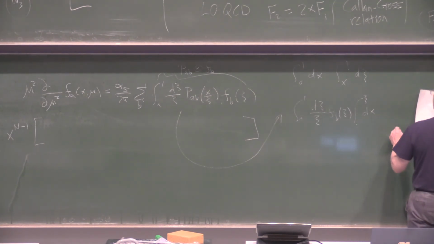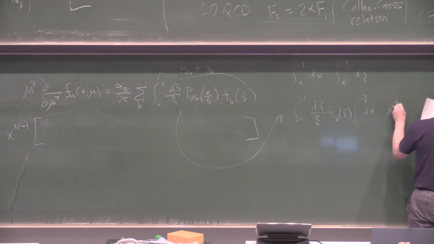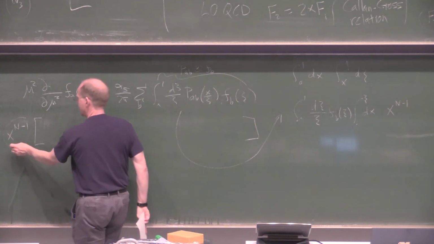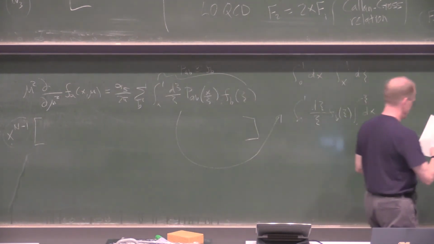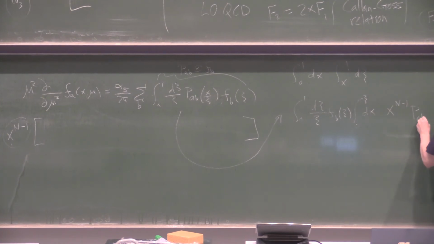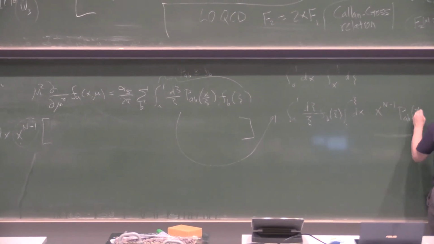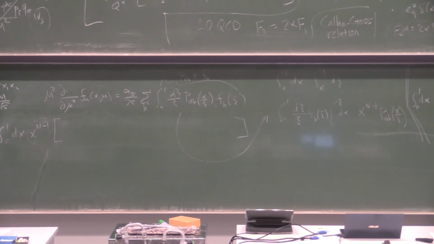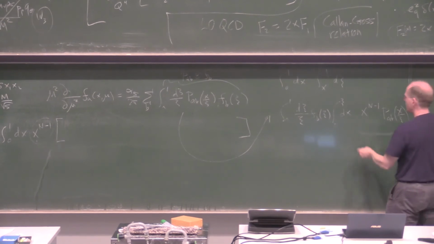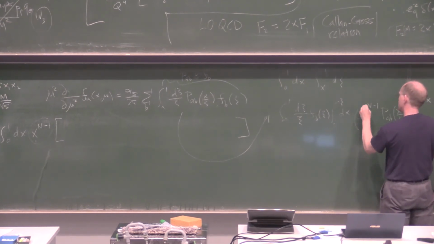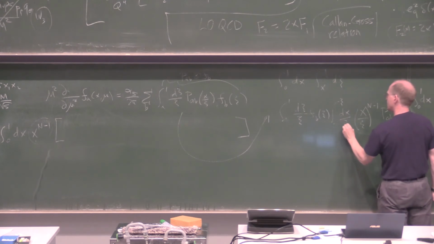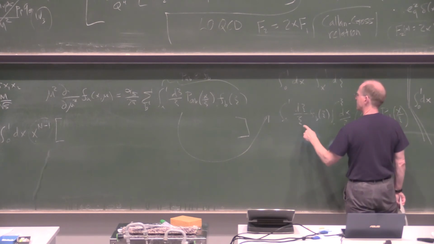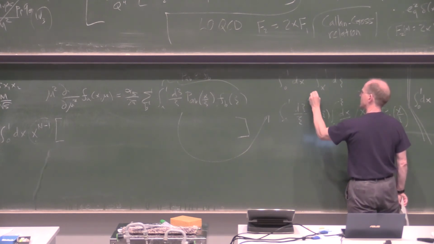And then over here we have x to the n minus 1 because we put that in when we put in the integral over x. And then we have PAB of x over xi. So now we can put a xi in the denominator here, and that was n powers of xi. So we need to put a xi to the n here.